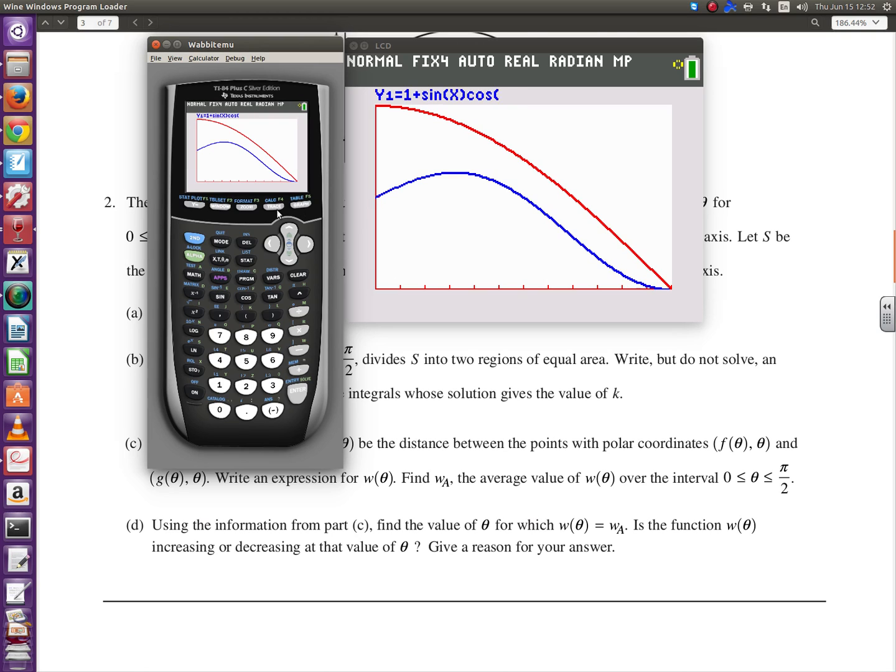Let's retrace this a little bit. Each tick mark is pi over 24. So 1 pi over 24, 2 pi over 24, which is pi over 12, 3 pi over 24, which is pi over 8, 4 pi over 24, which is pi over 6, 5 pi over 24, 6 pi over 24, which is pi over 4, right in the middle.